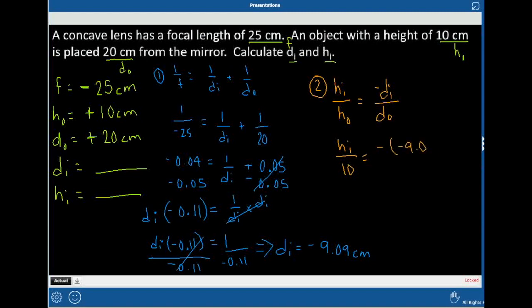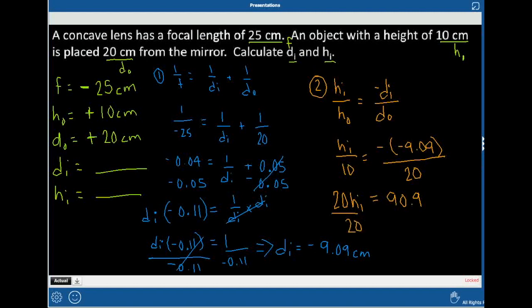So you see I've got a negative and a negative, so that's going to make it positive. Now I'm going to cross multiply, 20 times HI, and then 10 times negative 9.09, which is 90.9. Well, it's actually negative and a negative, so it's positive.